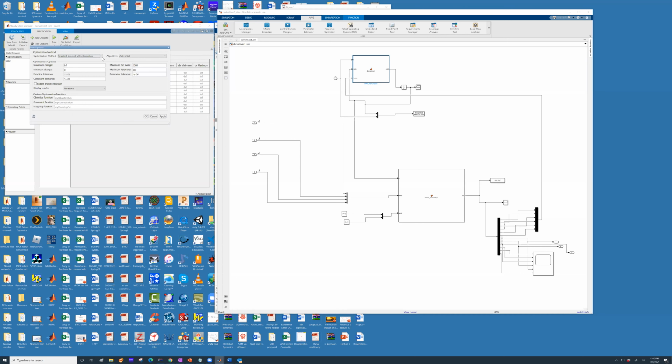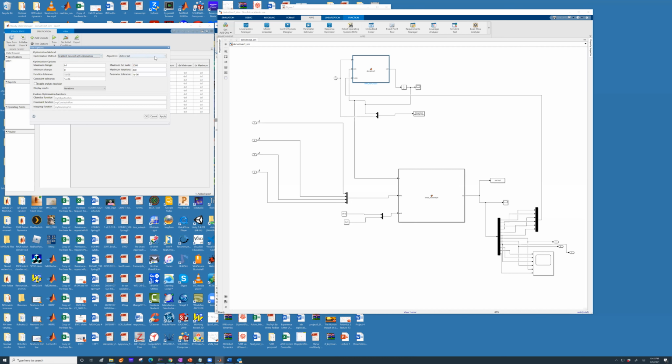When you go to trim options, there are multiple algorithms for optimization. There is gradient descent with elimination, gradient descent, simplex search, nonlinear least square, nonlinear least square with projection, and gradient descent with projection. Every algorithm has multiple options.